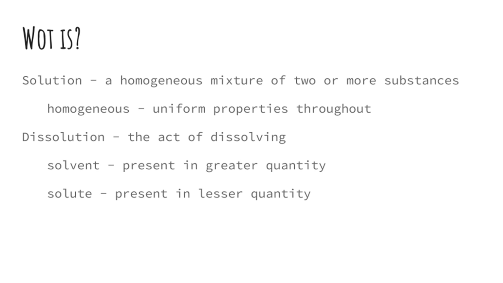So because the solute particles, the thing that's present in lesser quantity, are present in lesser quantity, they are completely surrounded by particles of the solvent. So they're all experiencing the same sort of environment, whatever environment that is. Whereas the solvent, because it's present in so much greater quantity, doesn't always experience the same sort of environment.